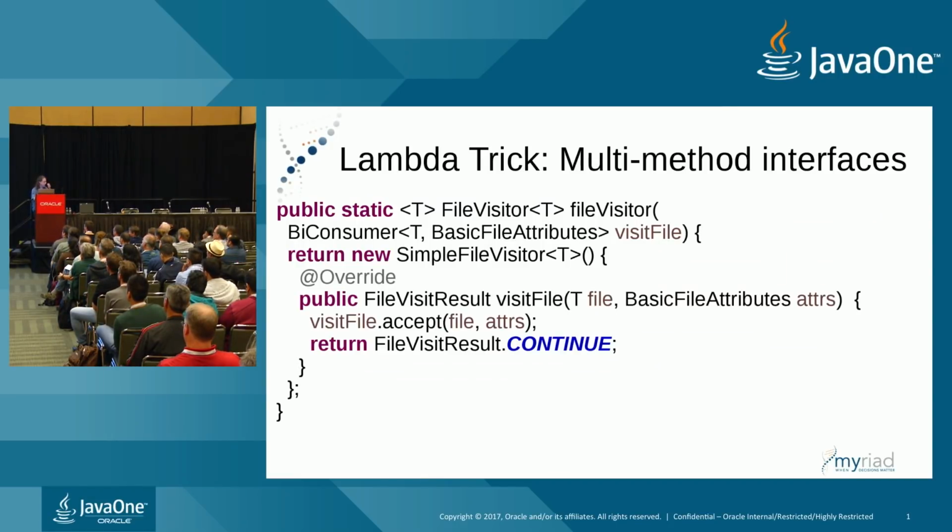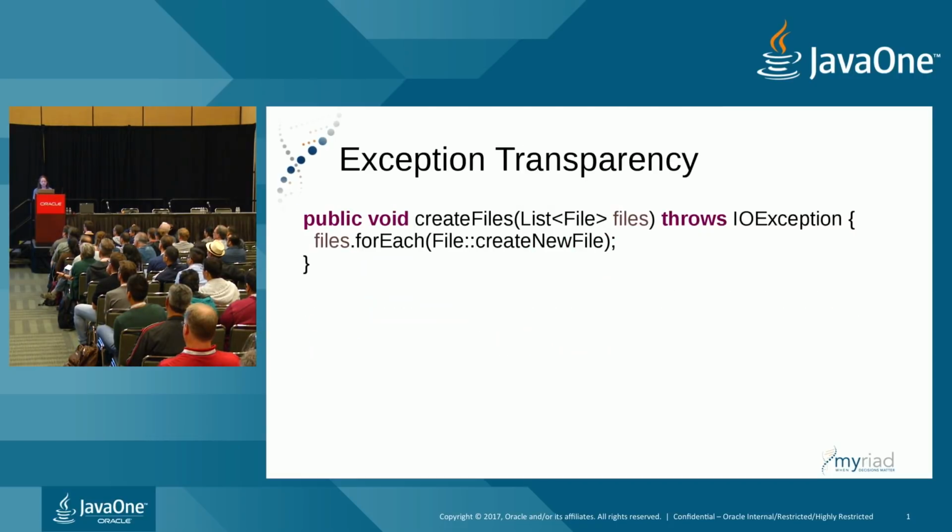And this kind of goes to a problem that was called exception transparency. The way exception transparency was supposed to work is that you could do something like this. I want to do something for each file. Create new file can throw an I/O exception, but that's okay because I say that I can throw an I/O exception up on the method here.